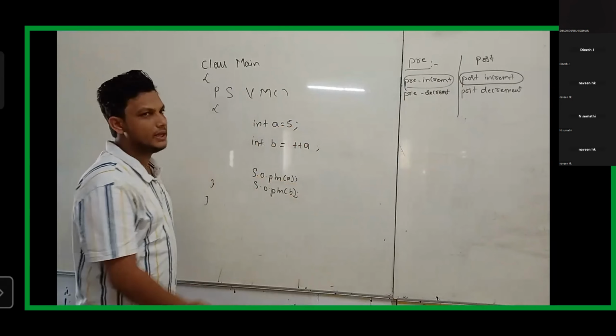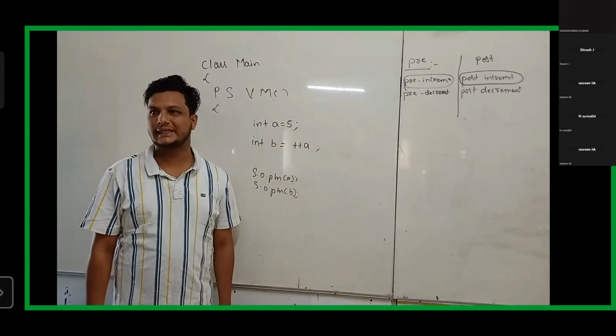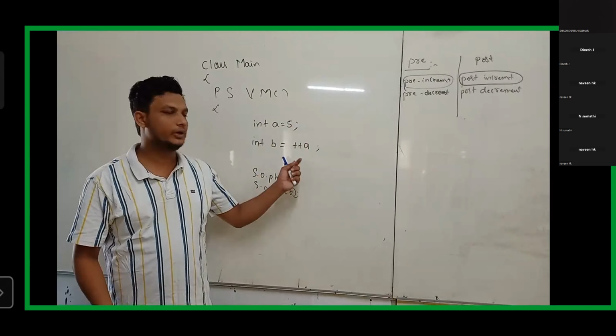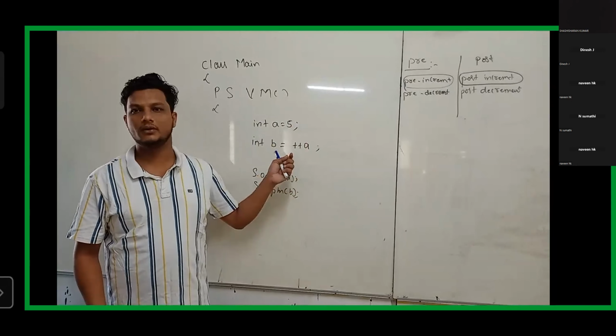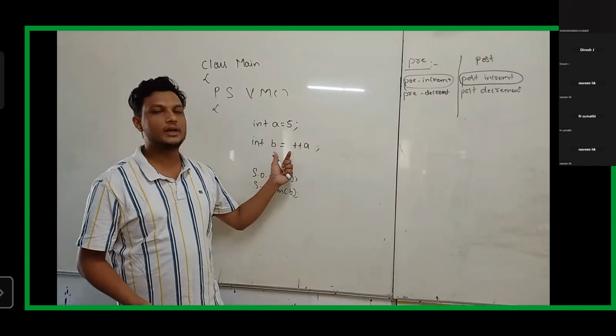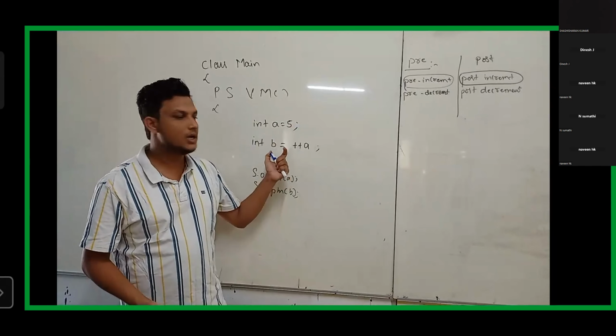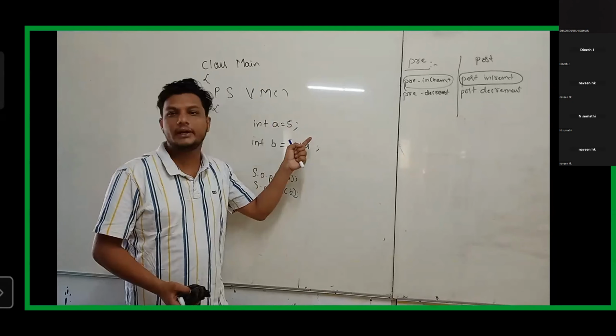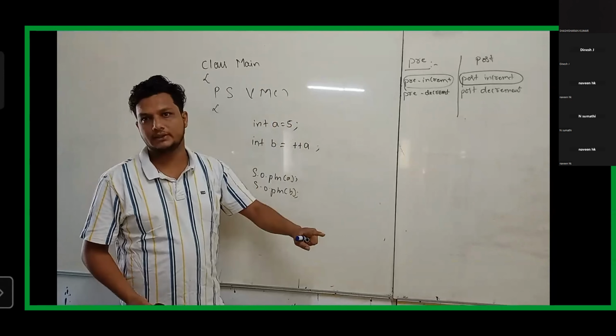Now what is the pre-increment operation? It says the same here also: A value will be incremented by 1. Only the rule changes.